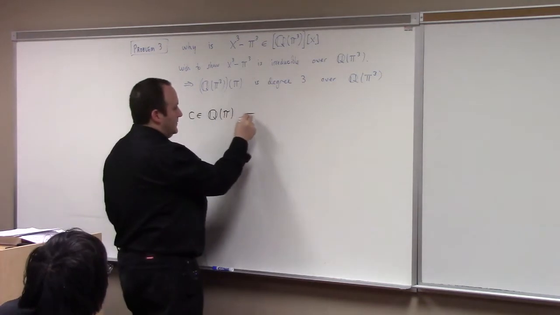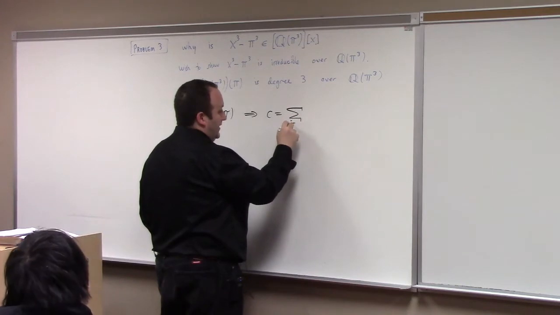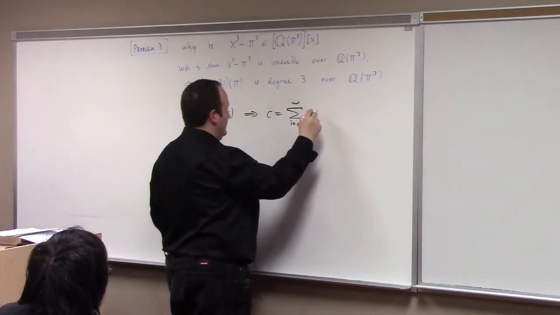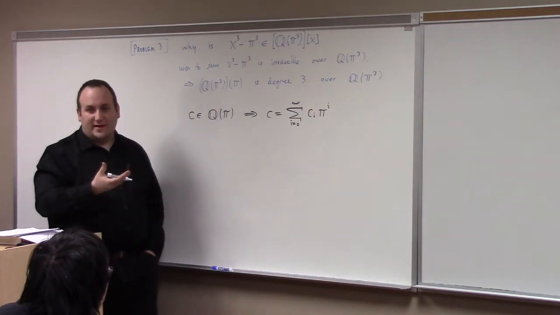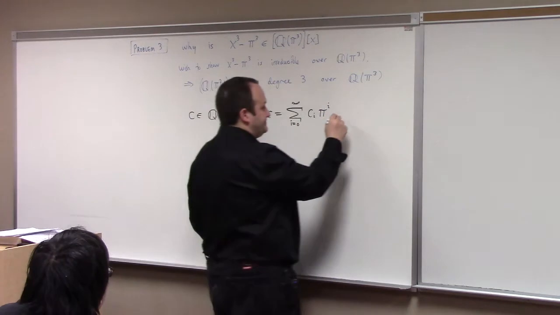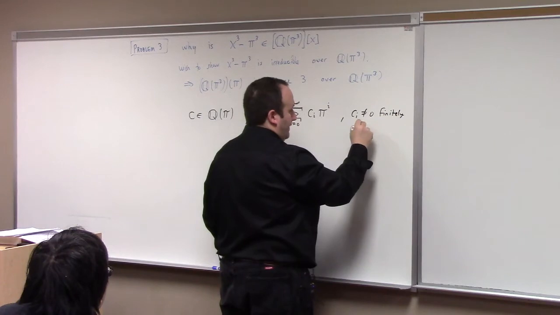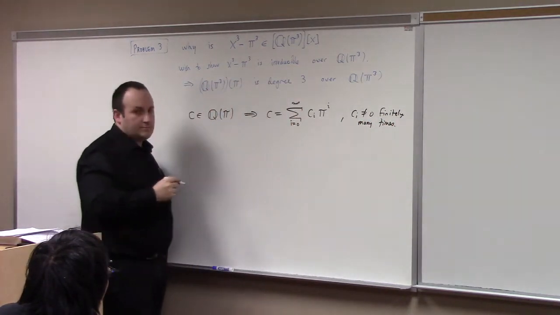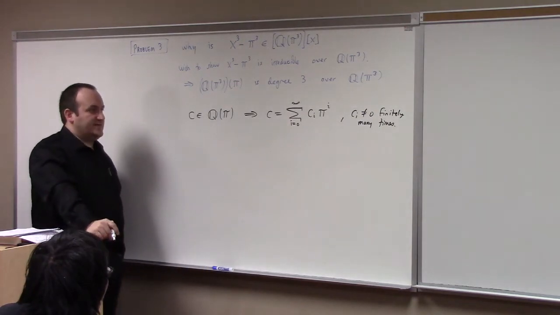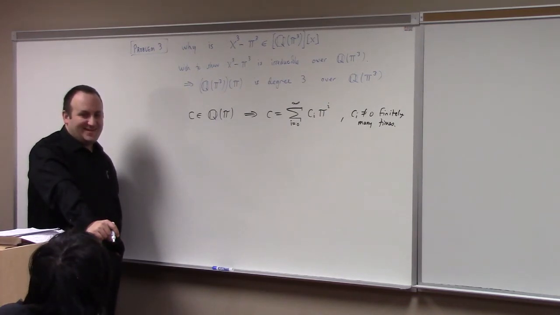That means that c is equal to the sum, i equals 0 to infinity, of c_i pi to the power i, with finitely many c_i's non-zero, right? I mean, that's what it means to be in Q adjoin pi. Okay, you doubt? I see doubt.